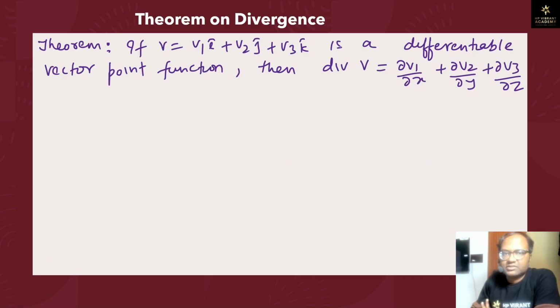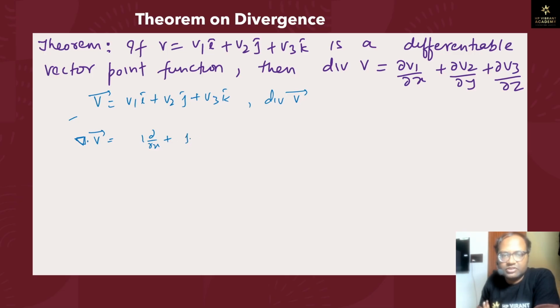This we have already discussed. Theorem: if v is equal to v1 i cap plus v2 j cap plus v3 k cap. How can we prove this? We have v vector as v1 i cap plus v2 j cap plus v3 k cap. Then we have to find the divergence of v. The divergence of v is del dot v, with the vector differential operator i del upon del x plus j del upon del y plus k del upon del z.